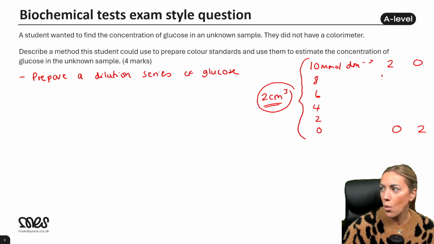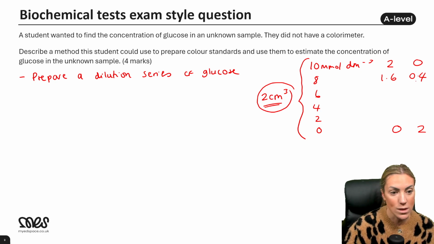So if I used 1.6 centimeters cubed of glucose and 0.4 centimeters cubed of water, that would give me a final concentration of 8. So I'm using 80% of my volume as glucose solution and the other 20% of my volume as water.